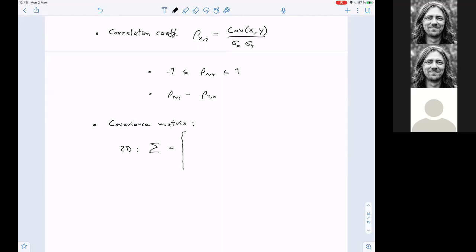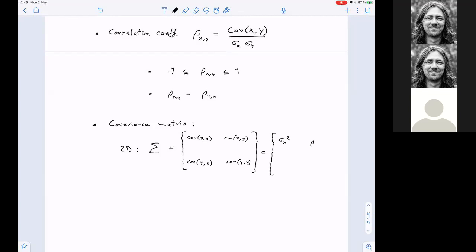If I only had two variables, this would be covariance of x with itself, covariance of x, y, covariance of y, x, and covariance of y, y. We could spell this out. In this case, this would be sigma x squared.